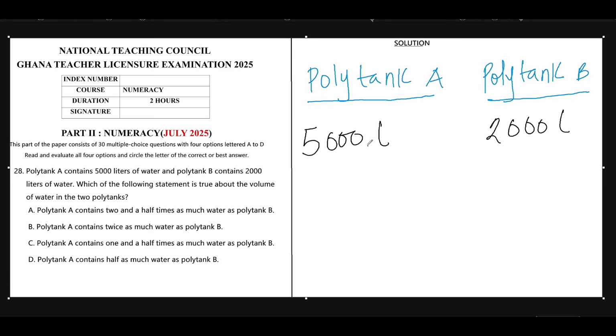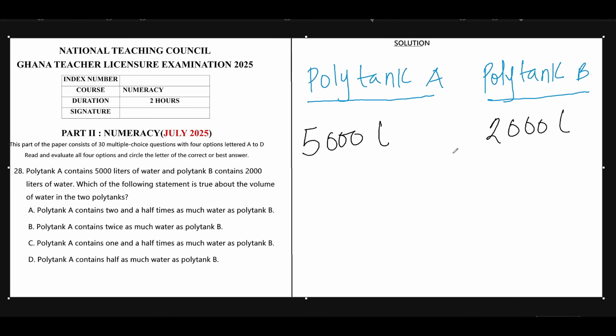So it is clear that polytank A contains more water than polytank B. In other words, the volume of polytank A is bigger than that of polytank B. But how much? How much is the volume of polytank A greater than the volume of water in polytank B?